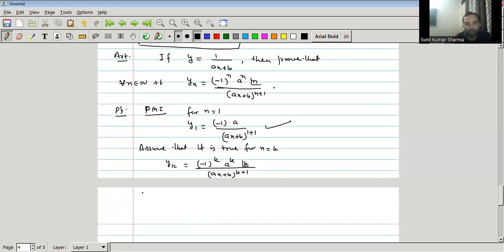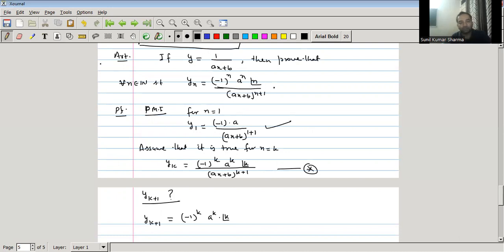Now we have to prove the result holds for n equal to k plus 1 also. So what is yk plus 1? If this is star, if we differentiate star with respect to x, then we get yk plus 1 equal to minus 1 to the power k into a to the power k into k factorial.